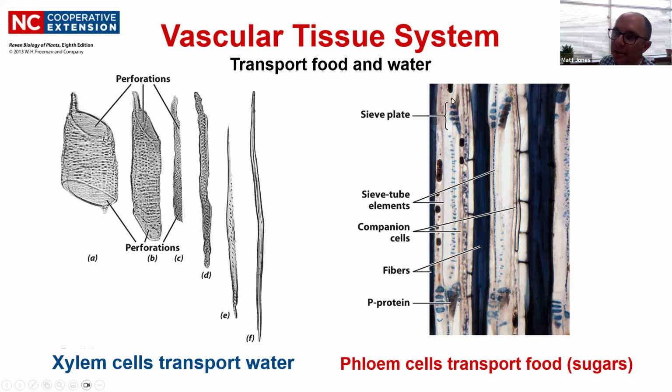They need that companion cell support. So they're alive at maturity, and then sugars can be transported from where they're made to where they're needed, or from where they're stored to where they're needed, so they can go in any direction. Whereas water more or less goes only one way, from more negative to less negative hydrostatic pressure.